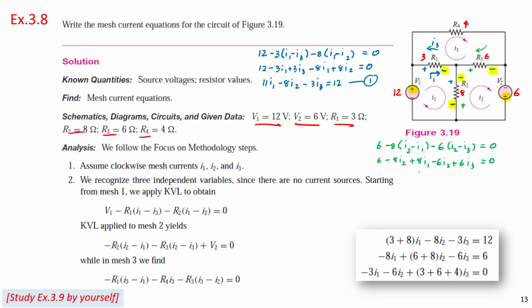So we move to the other side. It's minus 8I1 plus 14I2 minus 6I3 equal to 6, right? This is the second equation.